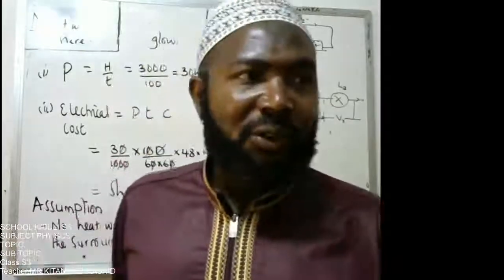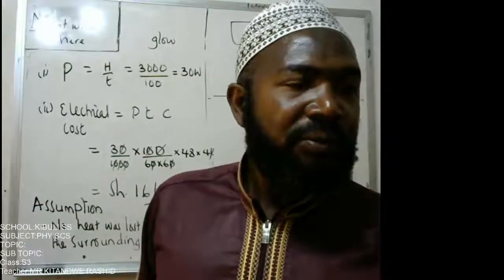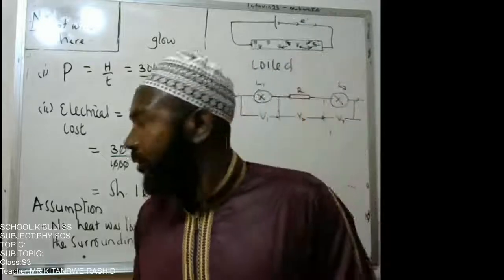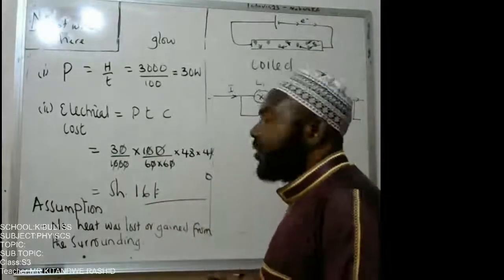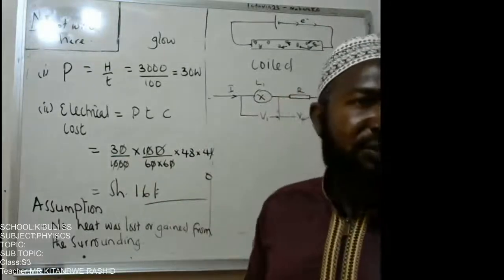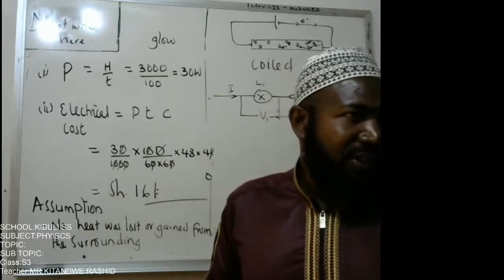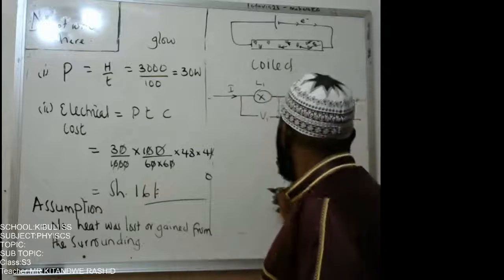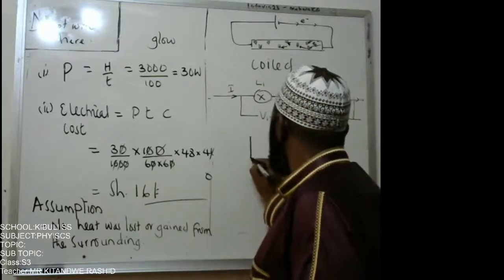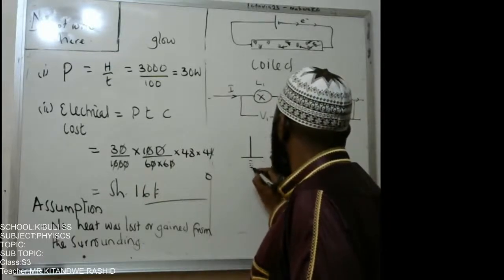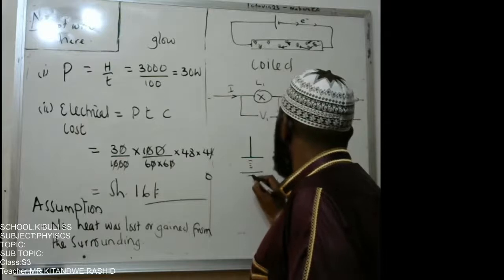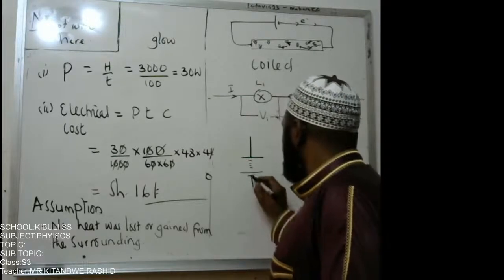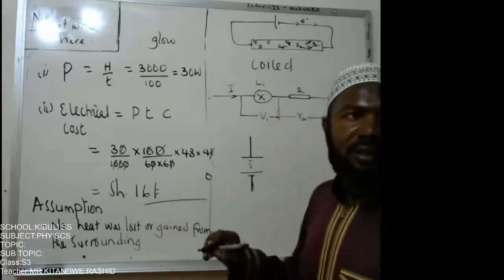Now, parallel connection. Usually in a house, the umeme supply is a voltage of around 240 volts. Now, if this is the supply voltage. That is the supply voltage.